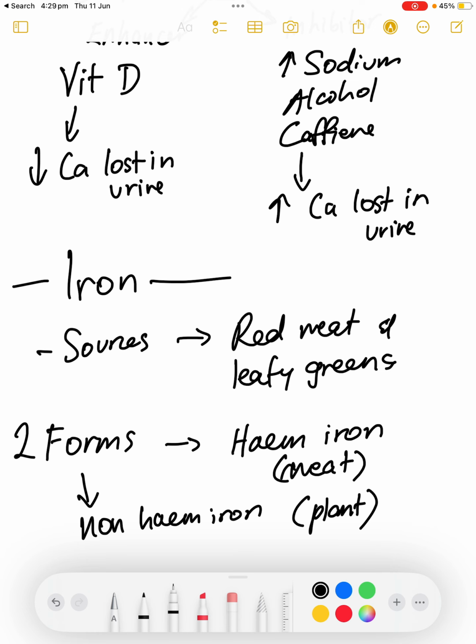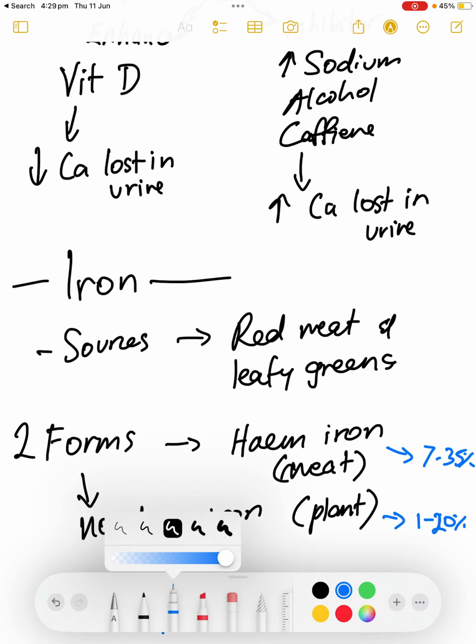It's absorbed at rates of roughly 7 to 35%. This is absorbed at about 1 to 10%. We can maybe even go a little bit higher and say 1 to 20%. Some functions of iron as well.